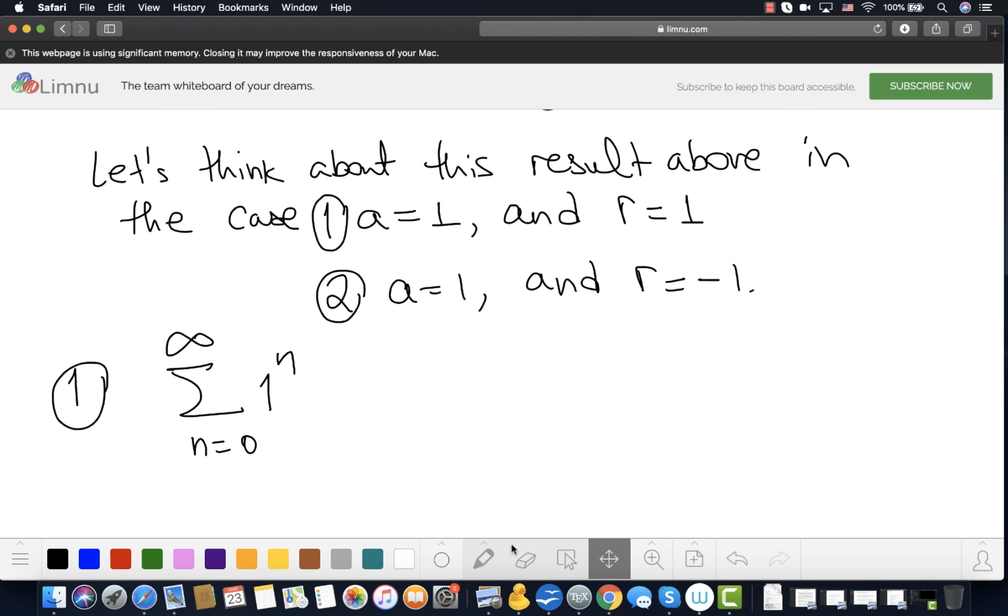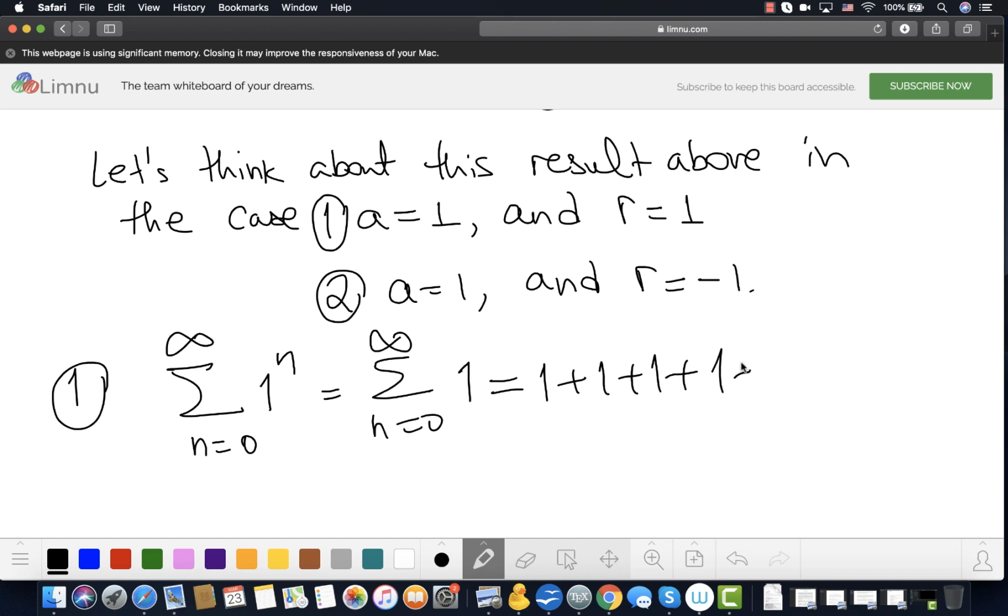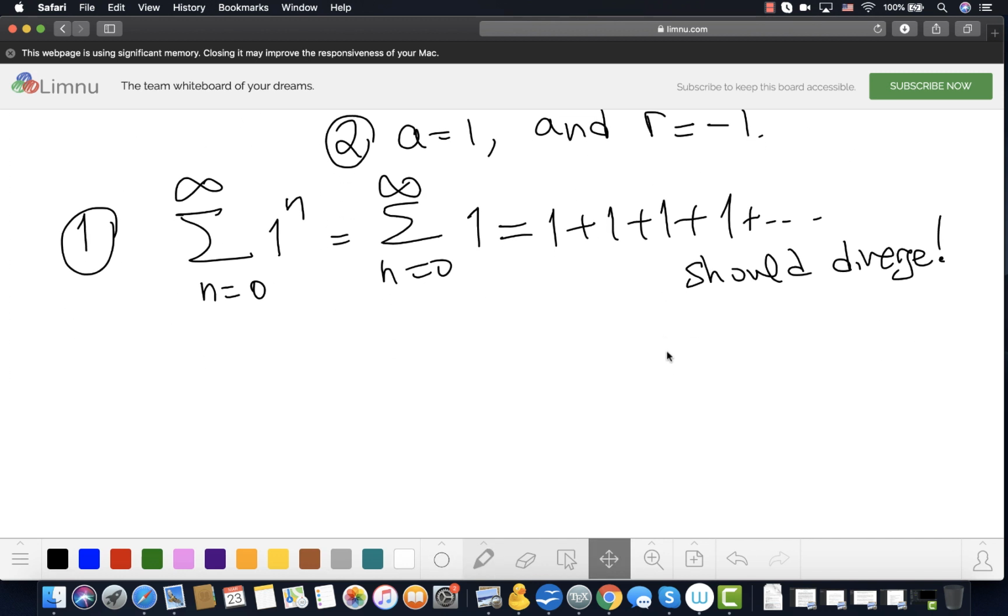But why should this diverge? Well, the sum from n equals 0 to infinity of 1 to the n, but 1 to the power of n for any n is just 1. So you're just saying 1 plus 1 plus 1 plus 1, and so on. This should definitely diverge, because you just keep adding a bunch of 1s.